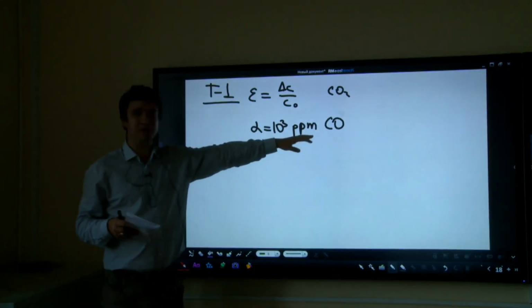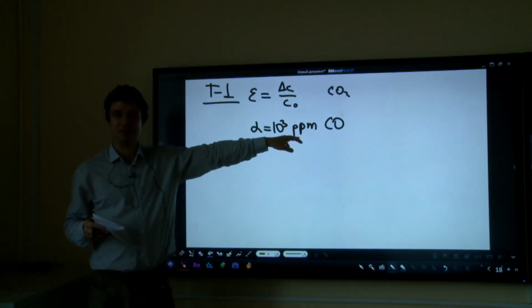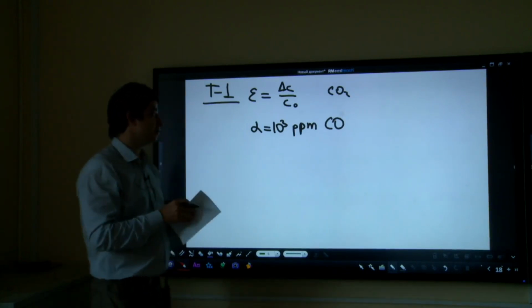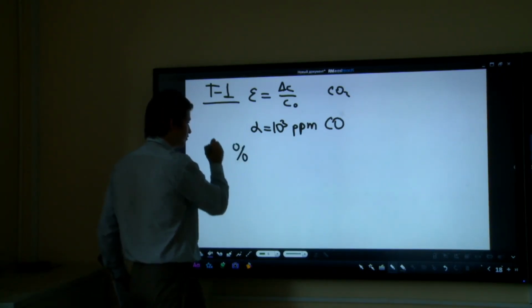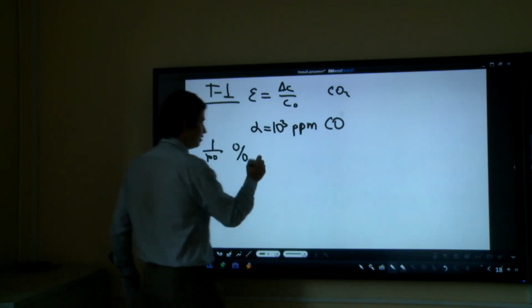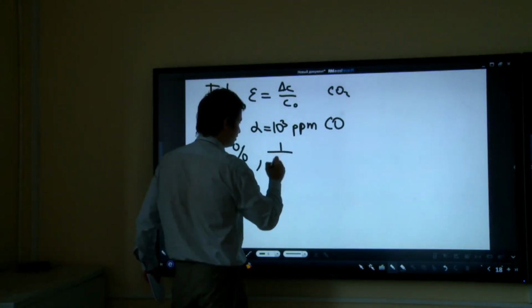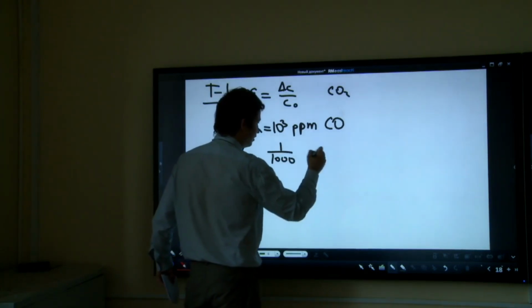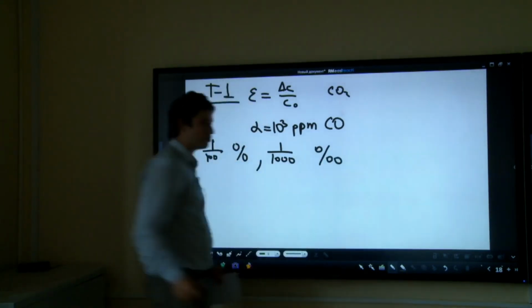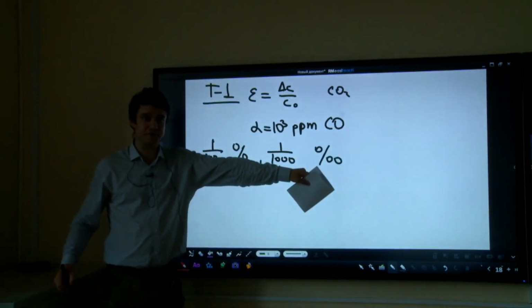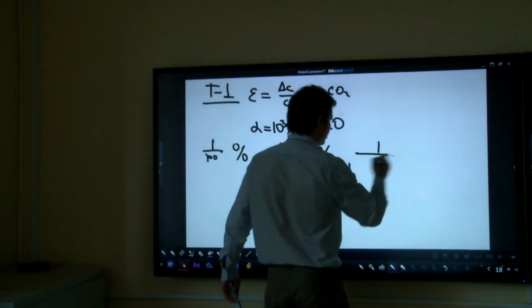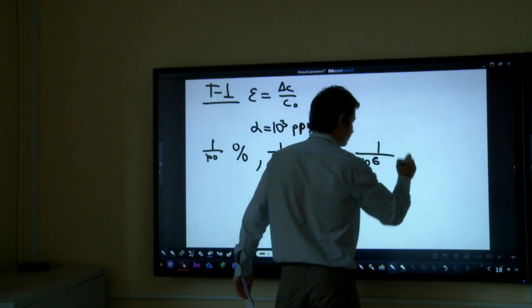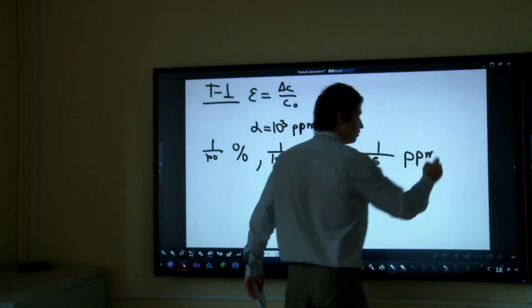Are you familiar with these ppm units? No. This is an extension of percent and promille. So percent is 1 over 100. 1 over 1000 is typically labeled as promille, and there is this sign. And ppm is actually 1 over 1 million. This is ppm.